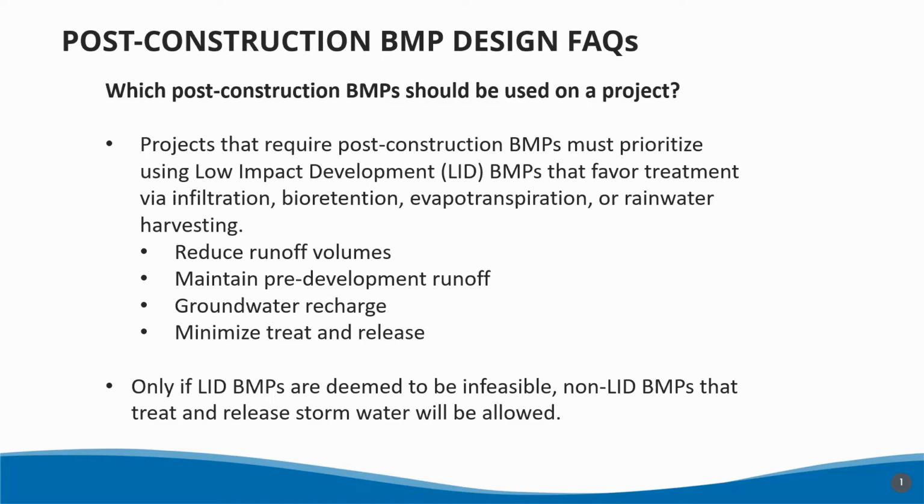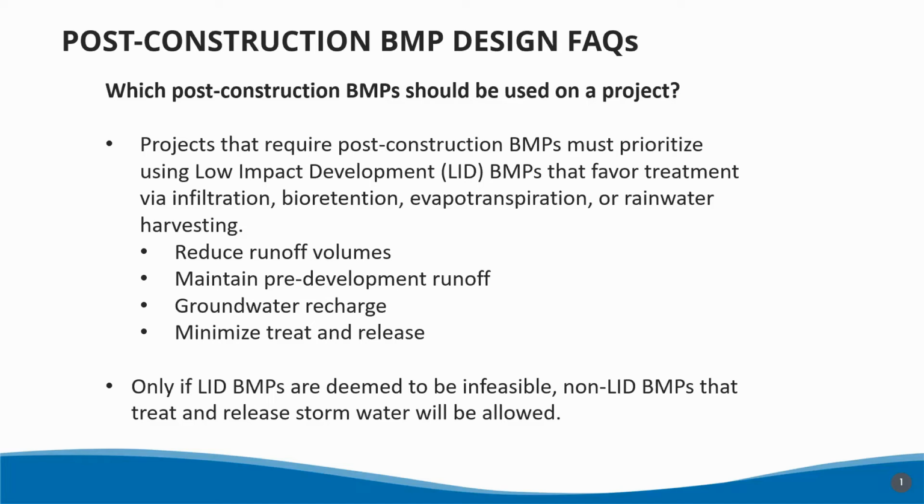And so the priority for selecting BMPs is LID BMPs first. If for whatever reason there are constraints on site that prevent that, then the next step is to go to your non-LID BMPs, and hopefully that can provide the full treatment that is required.